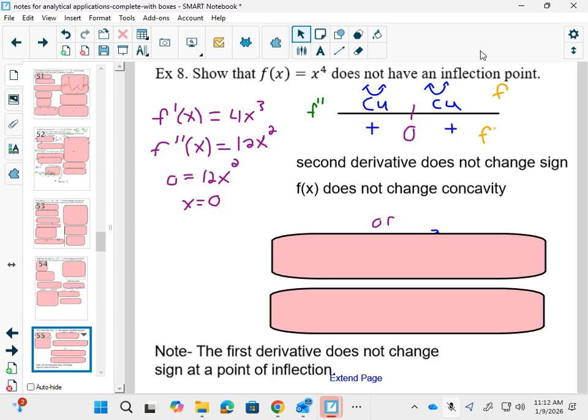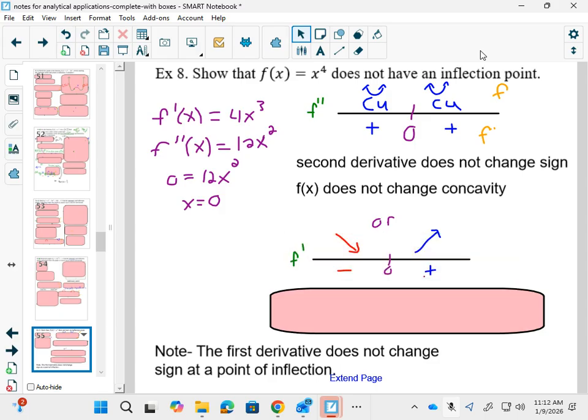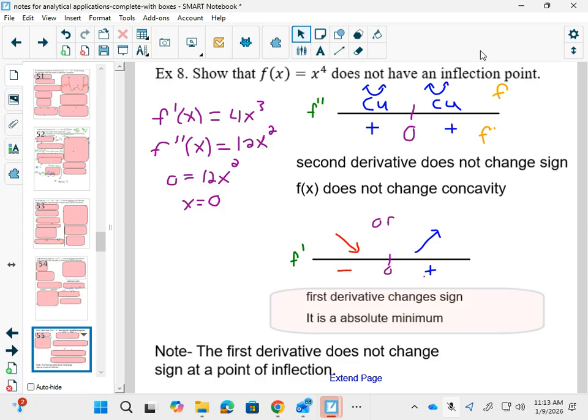There's also a way to show it with the first derivative. Since at 0 it changes sign and is a minimum, it is never going to be an inflection point. But I would use the first explanation.